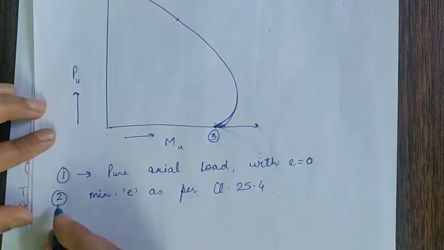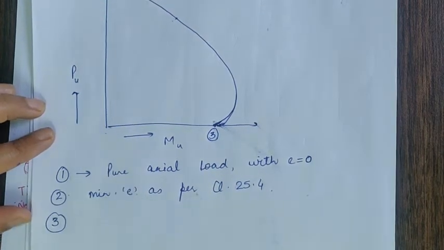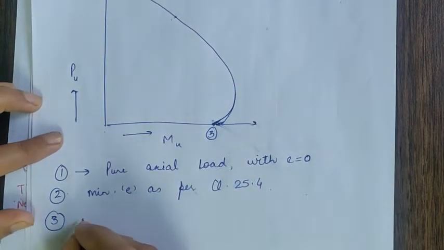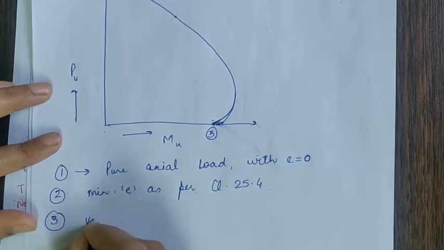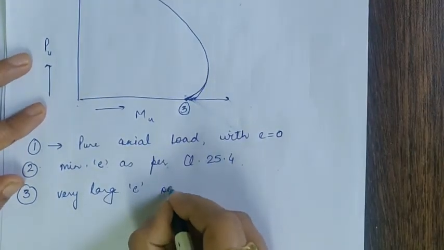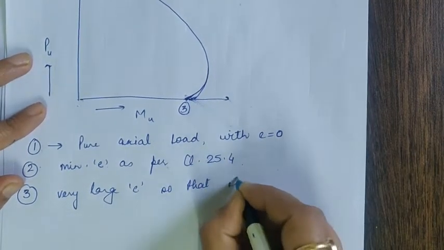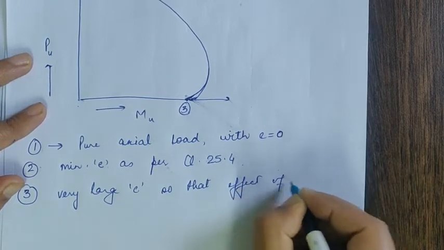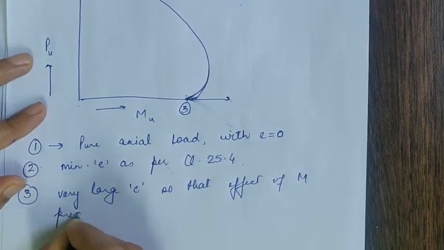Is it okay? So point number 3 corresponds to very large eccentricity, so that effect of M predominates.